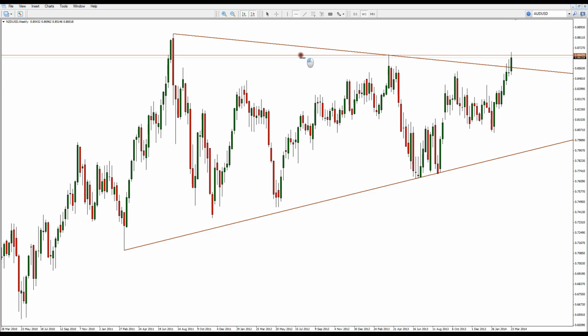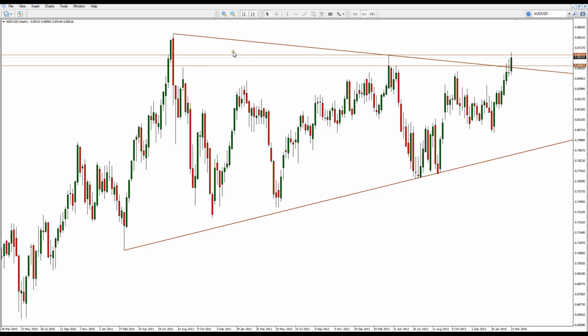The first one is the resistance 0.8672, and the second one is 0.8585, because we have an effective level, a very strong one, and at the level 0.8672 we see that the price respects this level two times.